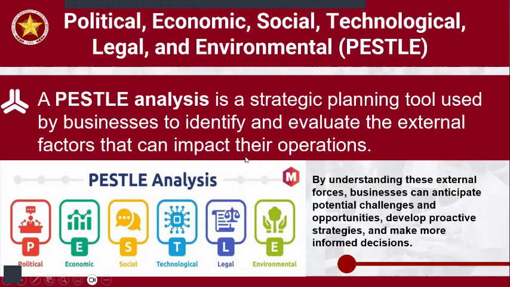Then we have the third one, the famous PESEL. It is an analysis, a strategic planning tool used by businesses to identify and evaluate the external factors that can impact the operation. So it is divided into P for political, E for economic, S for social, T for technological, L for legal, and E for environmental.